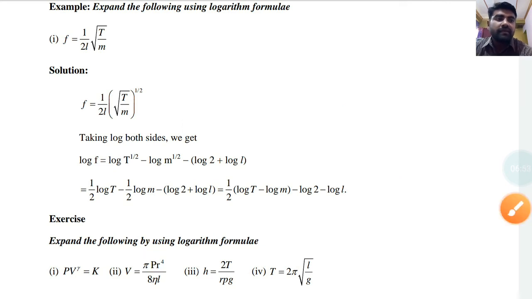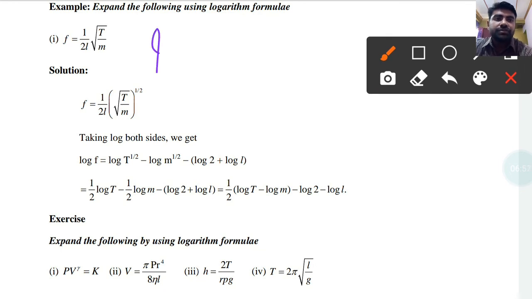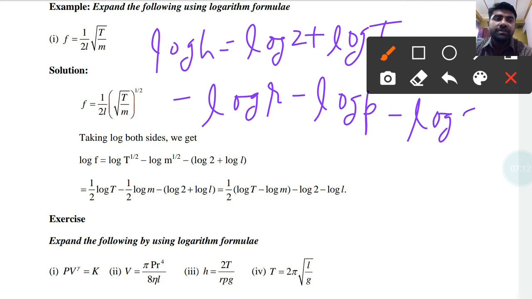Similarly, for the third example, log h is equal to log 2 plus log t minus log r minus log p minus log g.